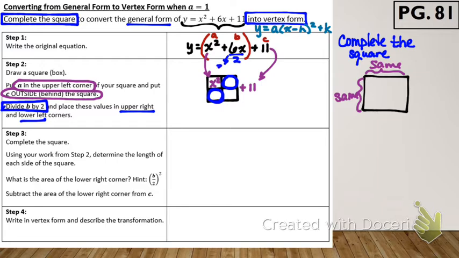Yes, we get 3x. That's what's going to go here and what's going to go here. 3x and 3x. That's really small. Let me make that all a little bit bigger. I'm going to have to redraw my arrows, but at least you'll be able to see the numbers better.